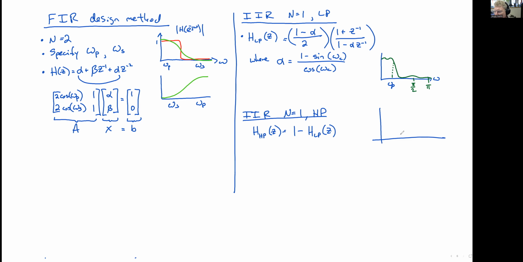See if you can see that from the example we gave above. Here's our 1 up here. So if you take 1 minus that, you'll get something that looks like this.